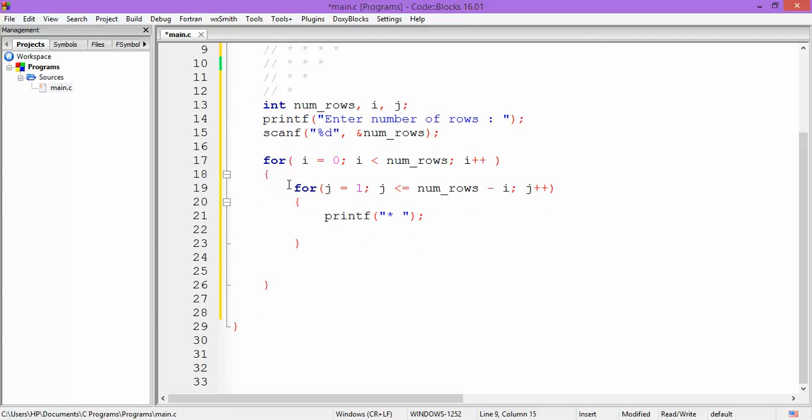So as this loop is printing a row, after that we'll have to put a print statement which would print a line feed on the console. So the line feed character is \n. So we are done with our code.